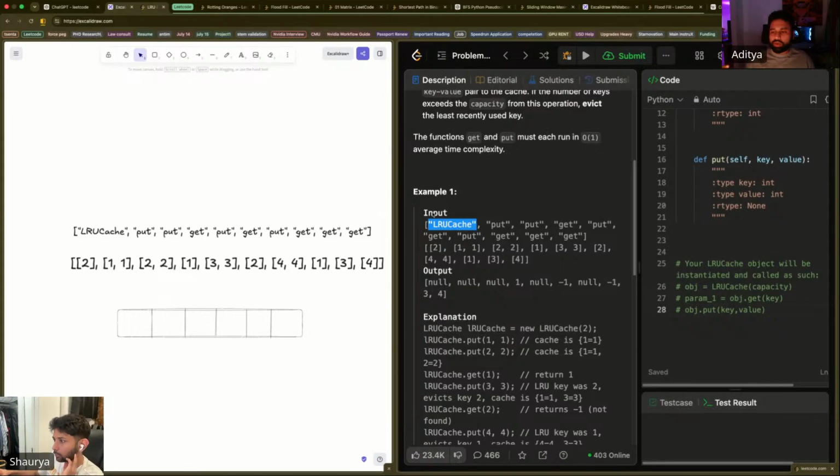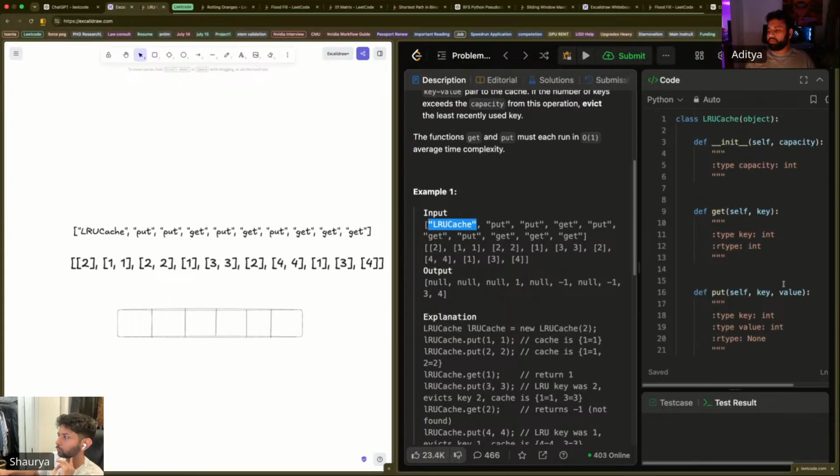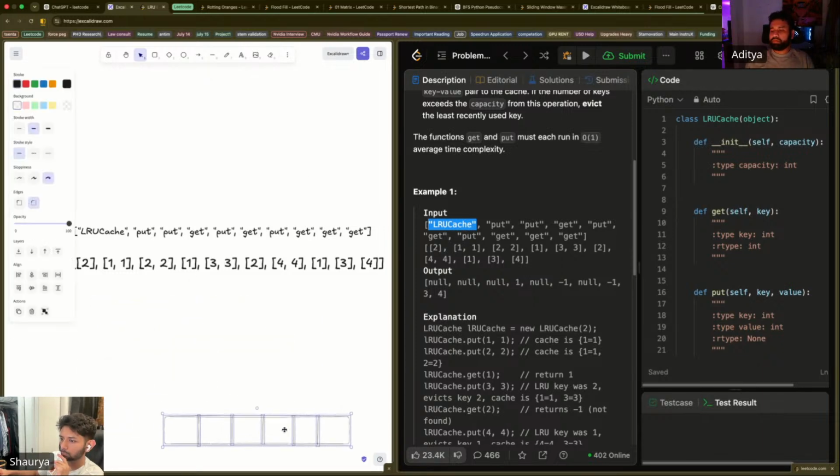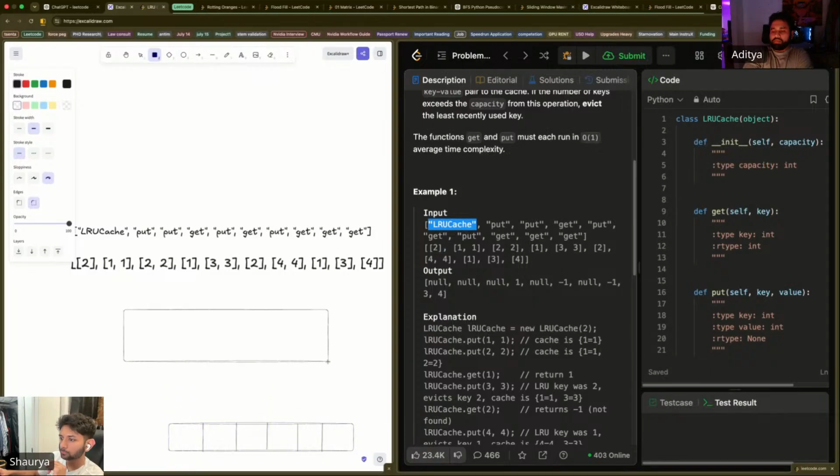Okay, so it's saying cache is LRU cache 2. So 2 would be the capacity, right? So the data structure would look something like this, right?